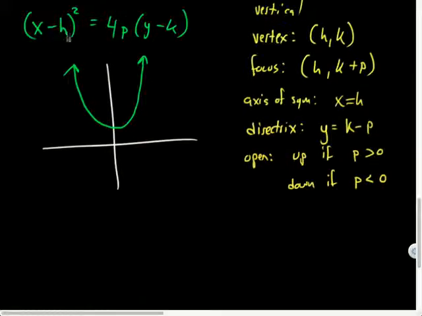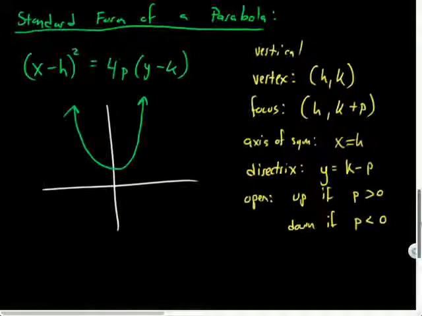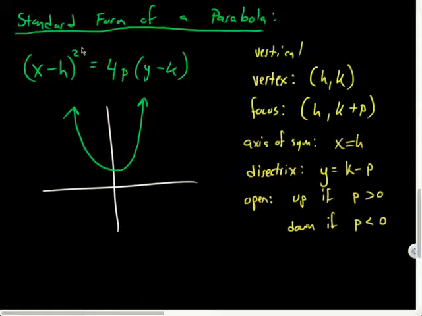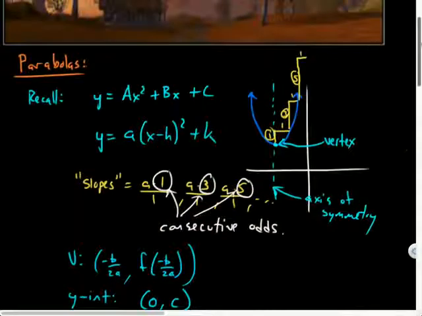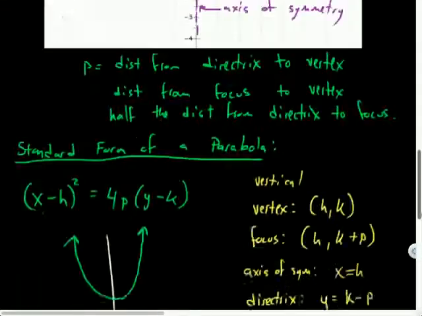I also remember that this one's the vertical one because notice the square is related to the x. All the parabolas I'd experienced up to this point had the square related to the x. So anytime you see that, you'll know it's a vertically oriented parabola.